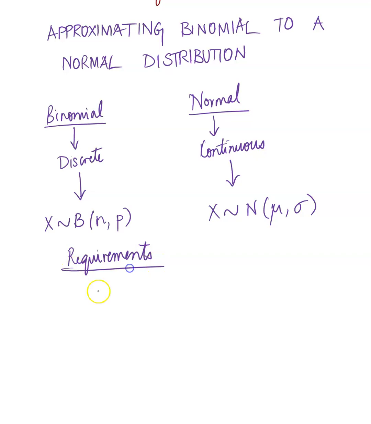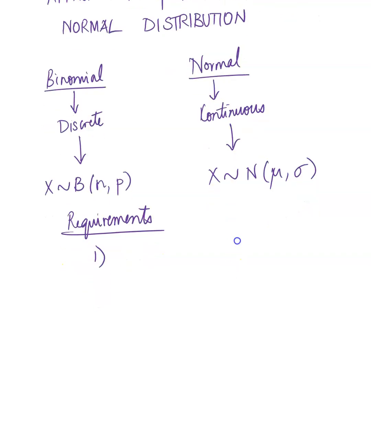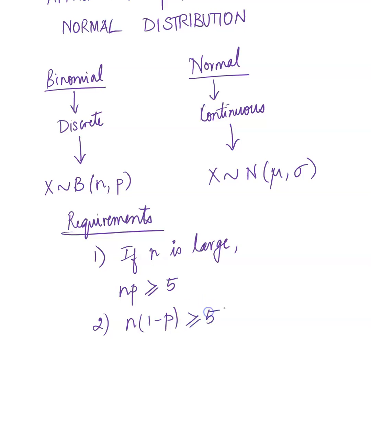The first requirement says that if n is large, np must be greater than or equal to 5. And the second condition is nq, or n times 1 minus p, must also be at least 5. They don't use the q as much because it all indirectly comes from p.